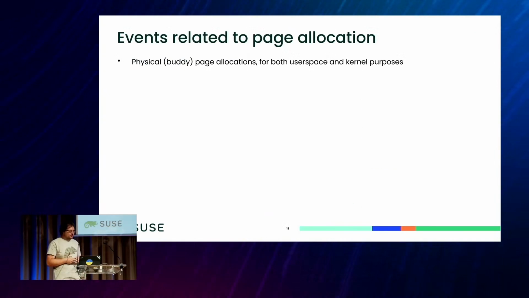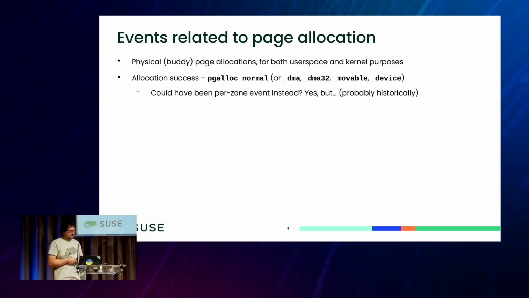So now for the subset of interesting counters. Lorenzo explained the page allocator and many other things, so I don't have to repeat that. So we have this page allocator for both user space and kernel pages, and we have counters for when such an allocation succeeds.